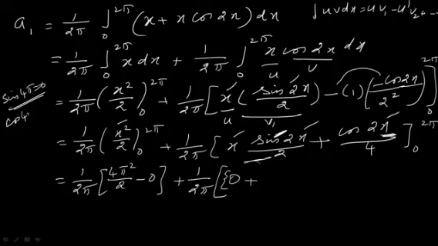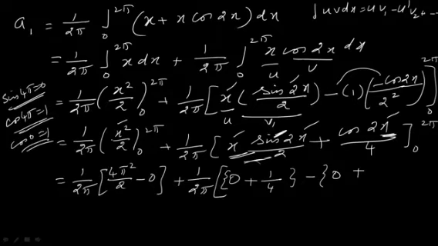Cos 4 pi value is plus 1, so 1 by 4 minus lower limit. If you replace this x by 0, what happens? 0 into anything 0, plus cos 2 product 0, that is cos 0. You know the value of cos 0, that is 1, that is 1 by 4.